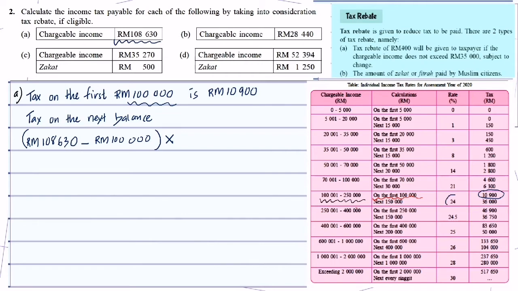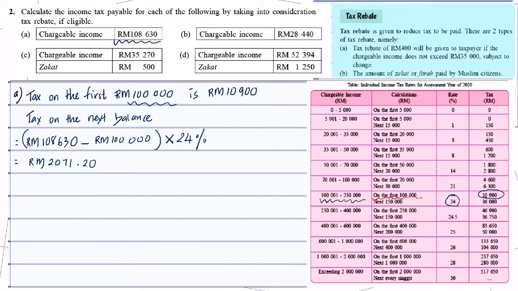Based on the table is 24%. So you know 24% also is, if you write it in fraction, 24 over 100. Okay, so tax on the next balance is 2,071 ringgit 20 cents.